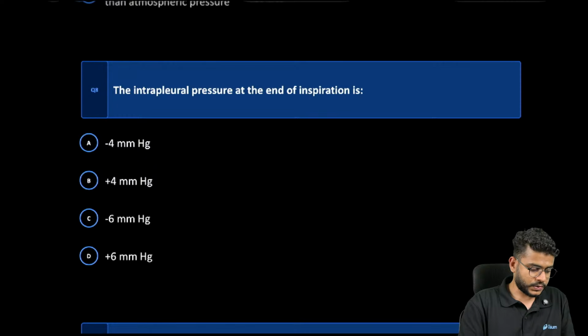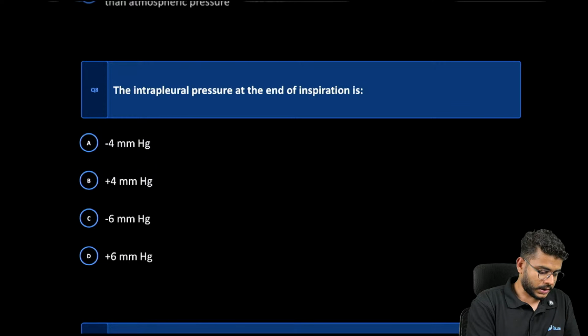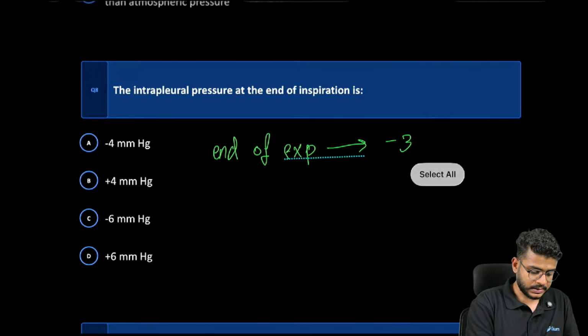Okay, so let's discuss intrapleural pressure. At the end of normal expiration, intrapleural pressure will be minus 3 centimeter H2O.